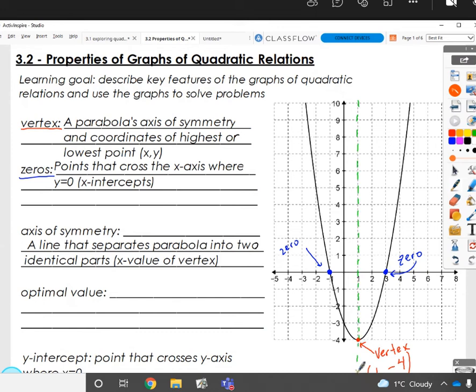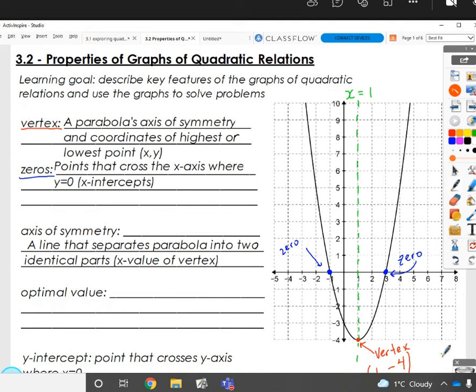Can anyone tell me the equation of that vertical line, that axis of symmetry? What's the equation of it? X equals +1. Yeah. And it is no coincidence at all that the x value of our vertex is also +1.